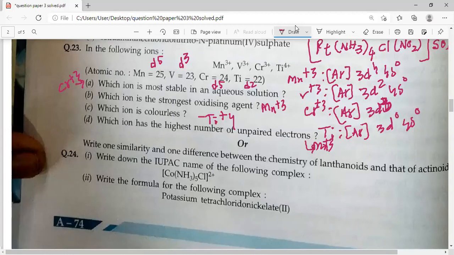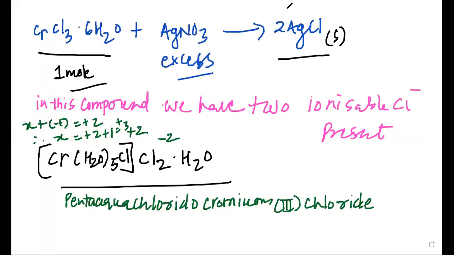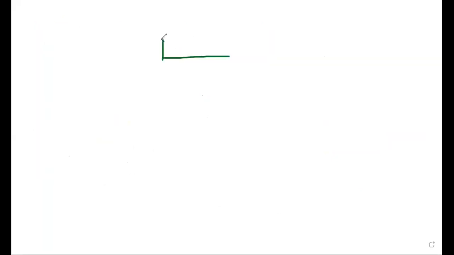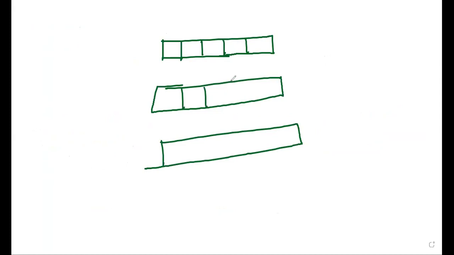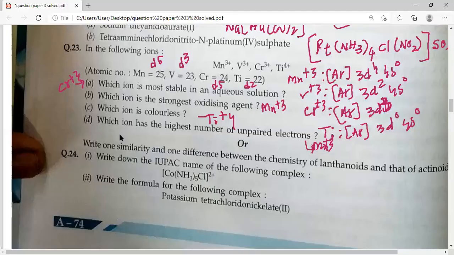And we are very well aware, my dear students, that 3d3 is most stable among the various, see, we have 5 d orbitals. And we can see the various electronic configurations that we have, my dear students. We have 3d4, 3d2, 3d3, and 3d0.